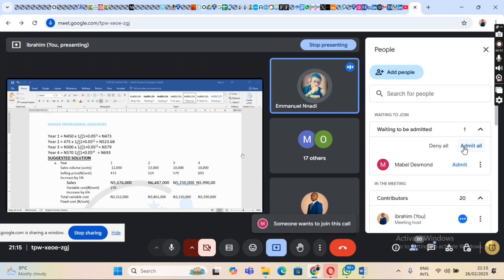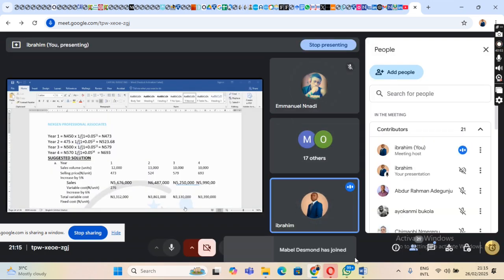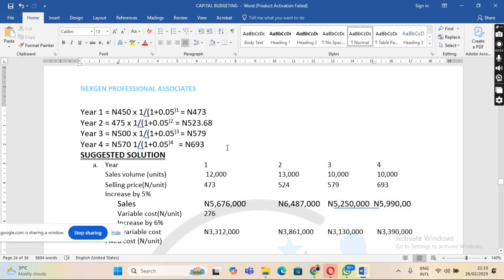Another person should confirm that. What do you have? Yes, it's 428.5. No, you have to do 450 times 1.05 raised to the power of 1. It's not 1 divided by 1.05. 1.05 raised to the power of 1 is 1.05.